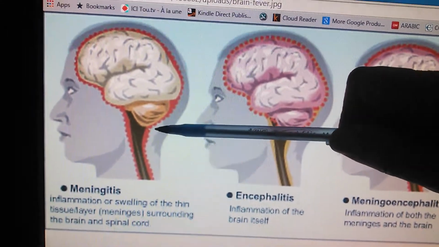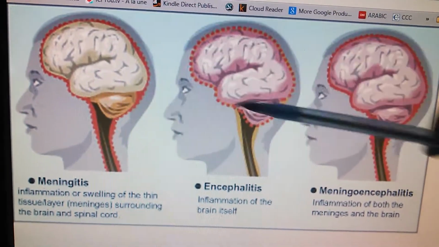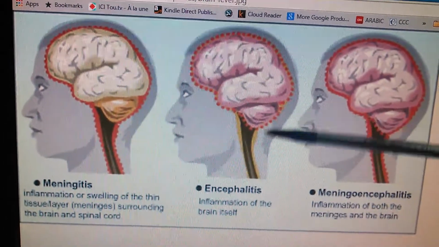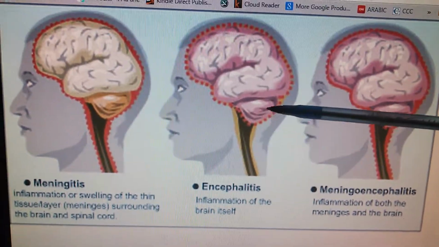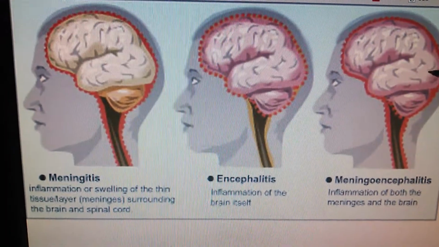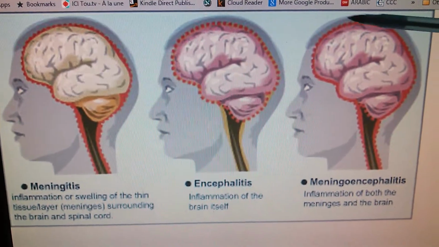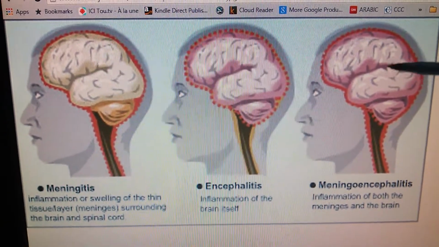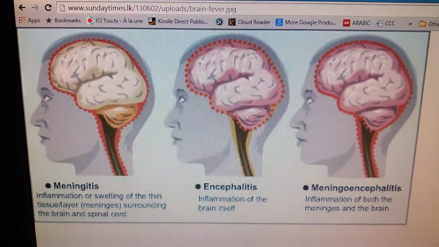So you see here that it's inflamed, just the border. That's meningitis, right? The second one is encephalitis, which is the brain, right? And the brain now is red, so the brain is inflamed. And this was meningoencephalitis, which means the meninges and the brain inside are both inflamed, right? So that is the trick to know which one is the inflammation.